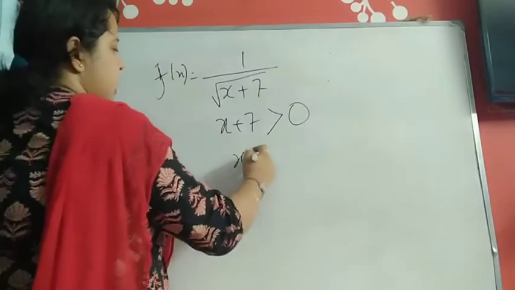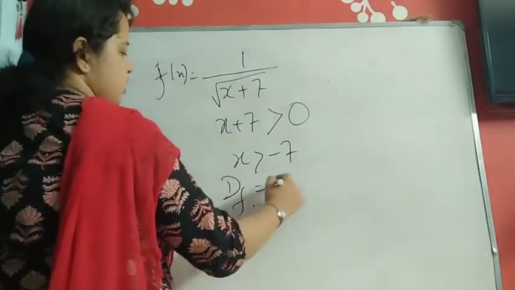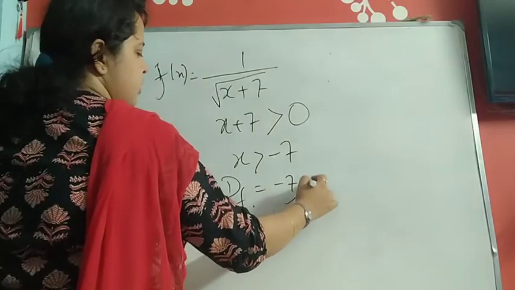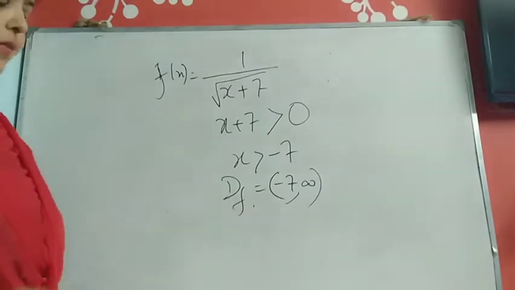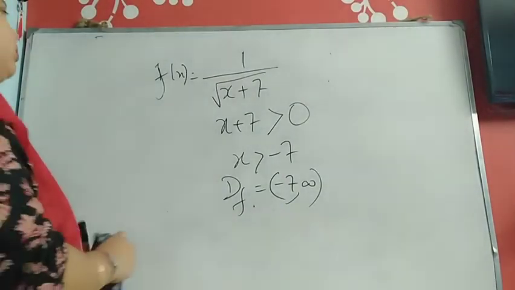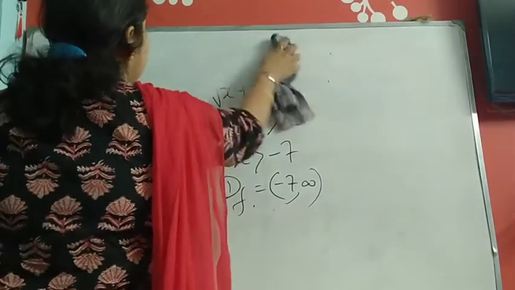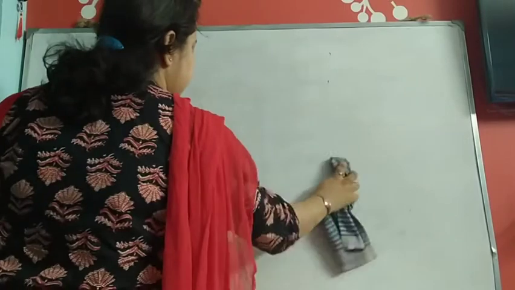Remember this one. Otherwise, it is okay. So, in this case, the domain will be from minus 7 to infinity, because x is greater than minus 7. So, this is how we calculate. We have to learn all these definitions of the famous functions I discussed today, and the domain and range problems are even important.